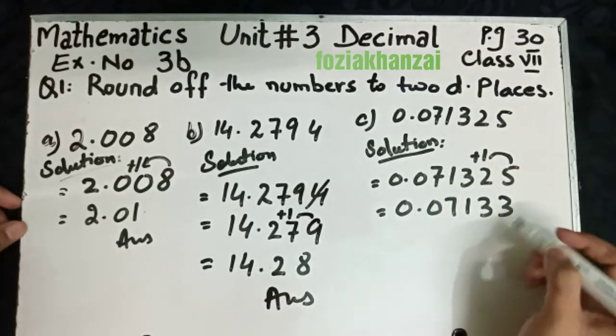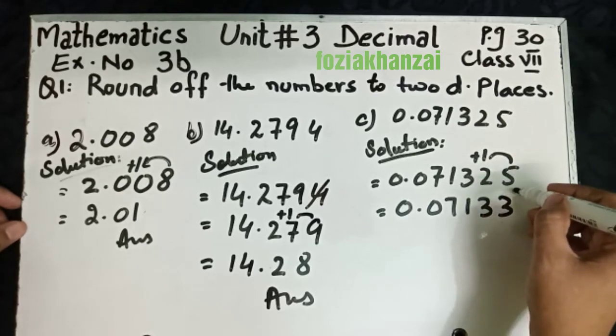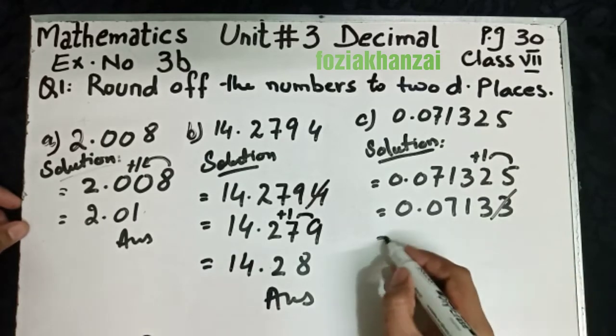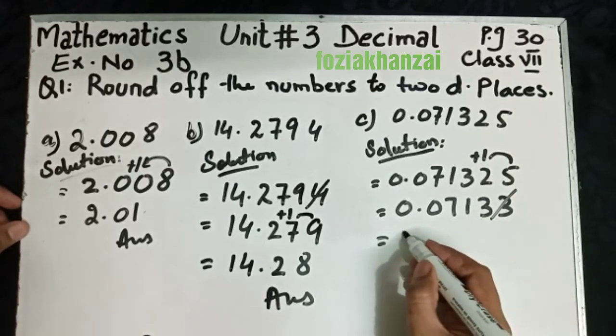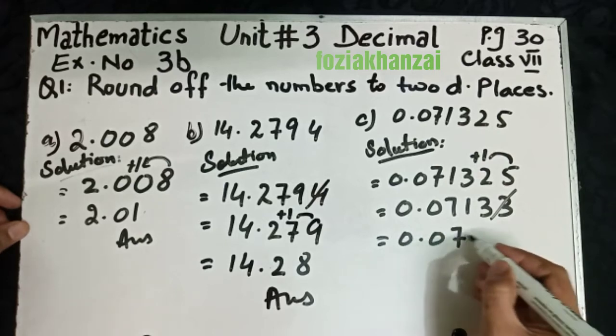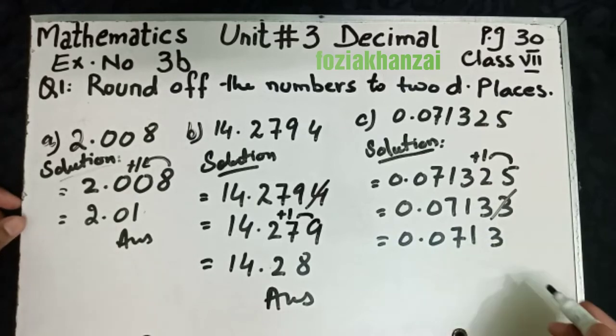Okay, in the next step the last number 3 is less than 5, so we skip this number, cut it. Okay, 0.0713 we write in the next step.